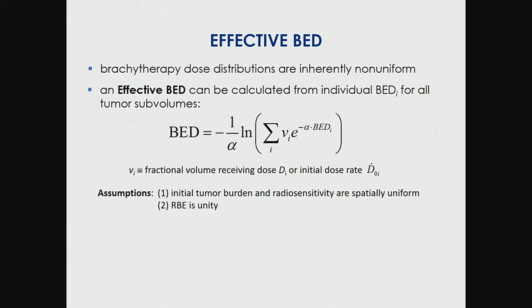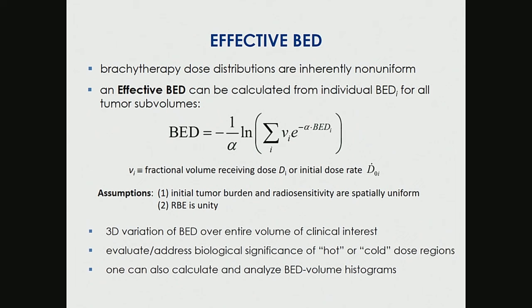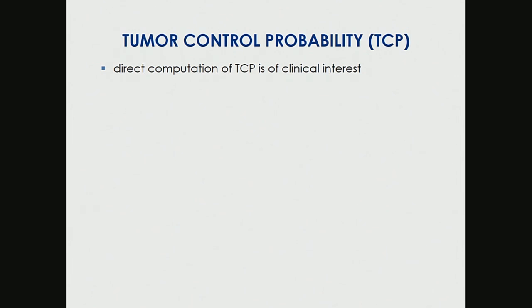The effective BED calculated is preferentially weighted by the low dose. So if you want to evaluate the biological significance of cold or hot spots in the system relative to the underlying anatomy, you can also calculate the so-called 3D BED distribution and other things such as a BED volume histogram.